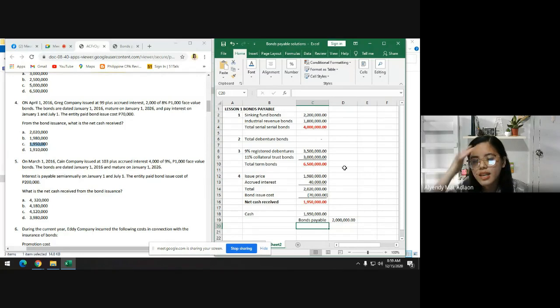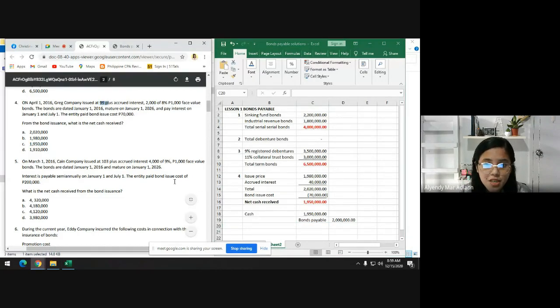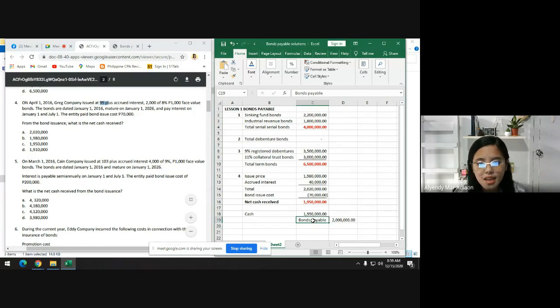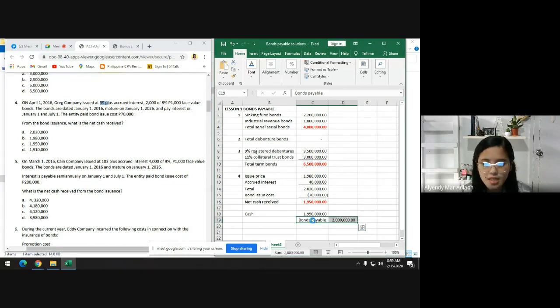So class, if the bond is issued above its face value, so let's say it was issued at 101, 102, 103, that is a premium. But if it is less than 100%, if the issue price is less than the face value, let's say 99%, 98%, that is a discount.